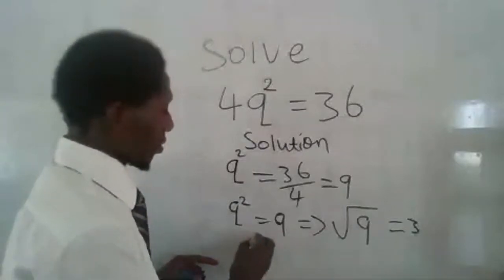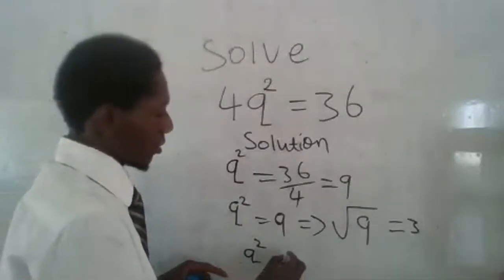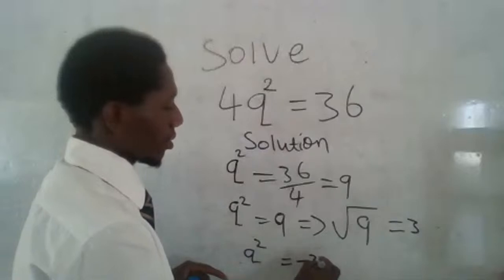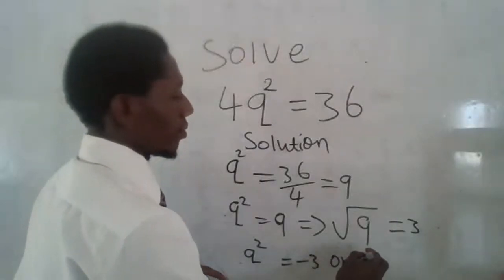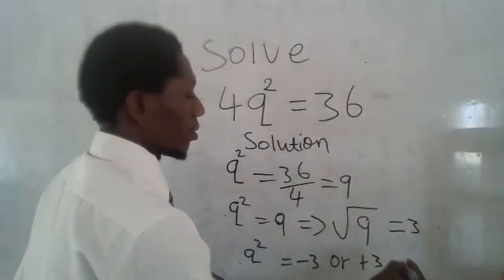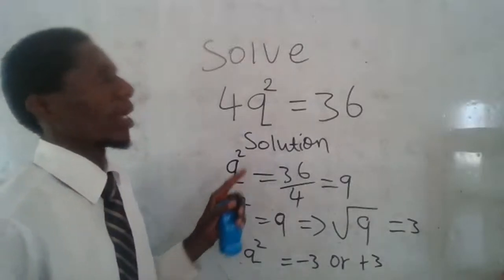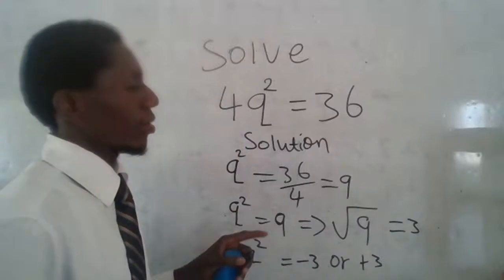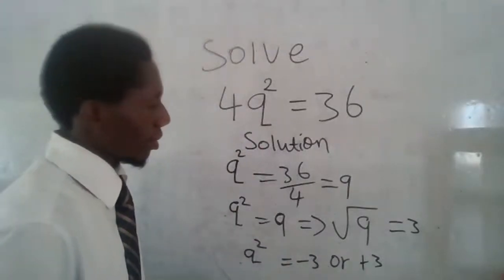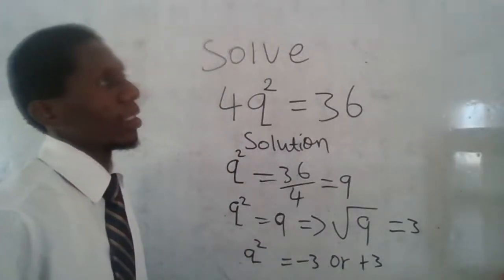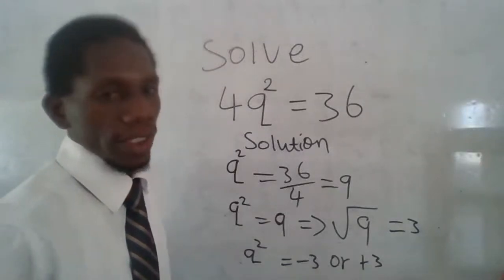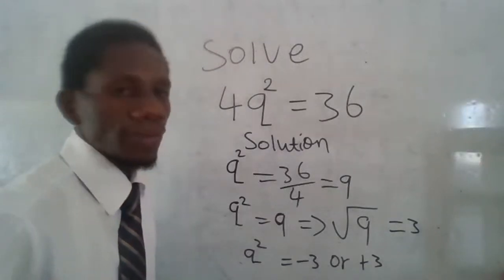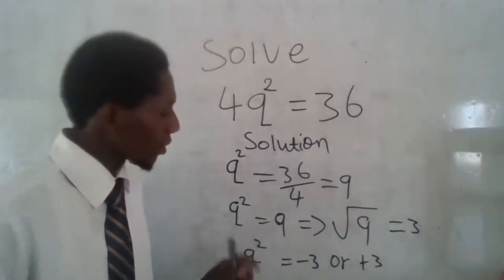Our q can be minus 3 or plus 3 because we are dealing with a quadratic equation. Okay, so we have to apply the rules of the equation. Okay, so this is very simple.